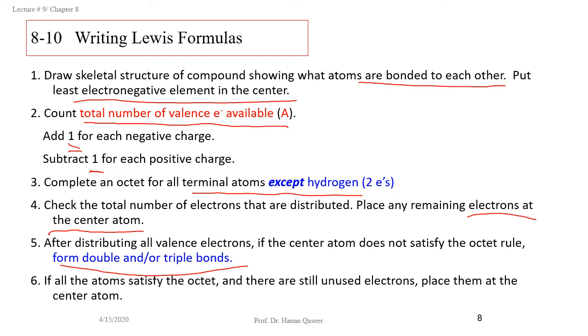If all atoms satisfy the octet and there are still unused electrons, place them at the center. إذا تبقى عندك، يعني رسمت الرسم وكل الذرات وصلت لحالة الثبات اللي هي 8 وظل عندك إلكترونات زيادة من التوتال فالنس، هذول يضافوا إلى الذرة المركزية زي ما راح نشوف في أمثلة لاحقة.